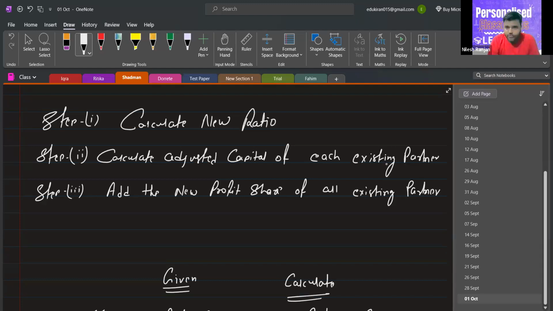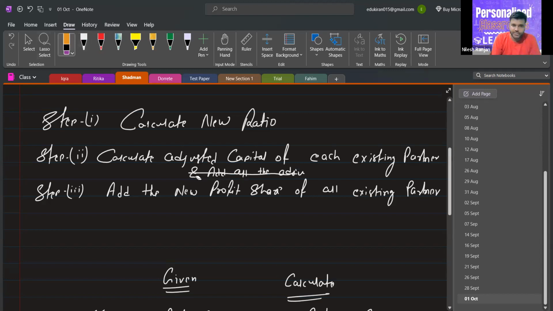Calculate the adjusted capital of each existing partner and add all the adjusted capital. Leave this, we will write this in the next step.